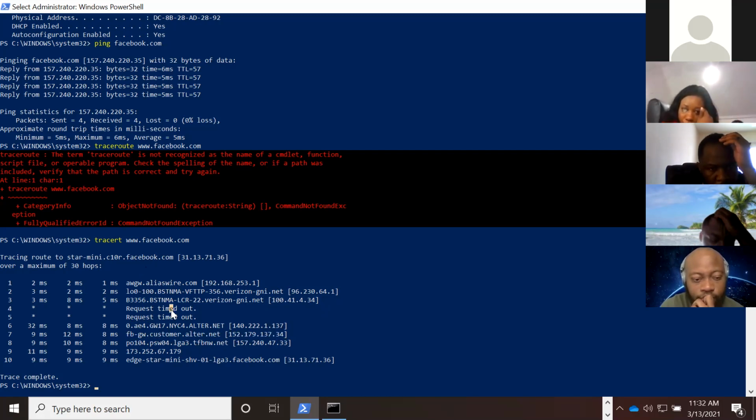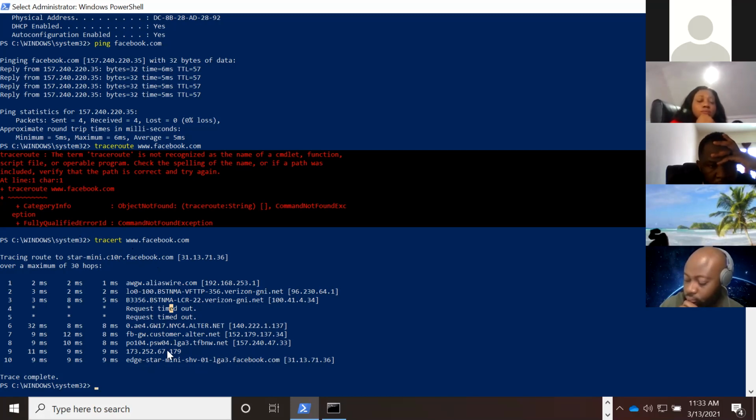So traceroute will show you the hops of where the data is moving from your gateway to the resource you're asking for. So tracert, not traceroute, because I'm so used to the Linux side of things. Tracert right here is tracing the route that our packets are taking to reach the Facebook gateway.